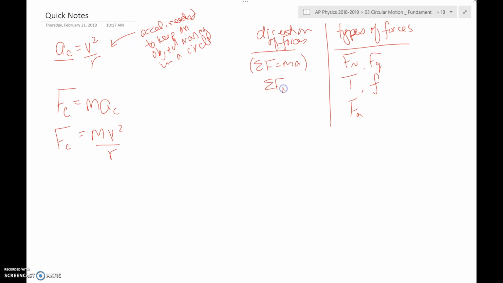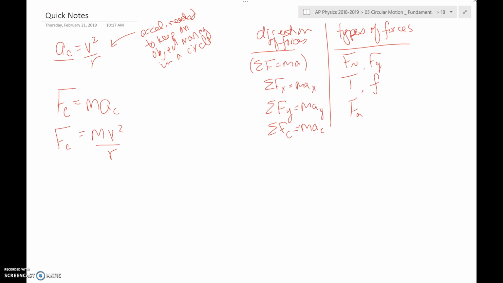The sum of the forces in the x direction, the sum of the forces in the y direction, and then there's the sum of the forces making it move in the circle, which is equal to the mass times the centripetal acceleration.